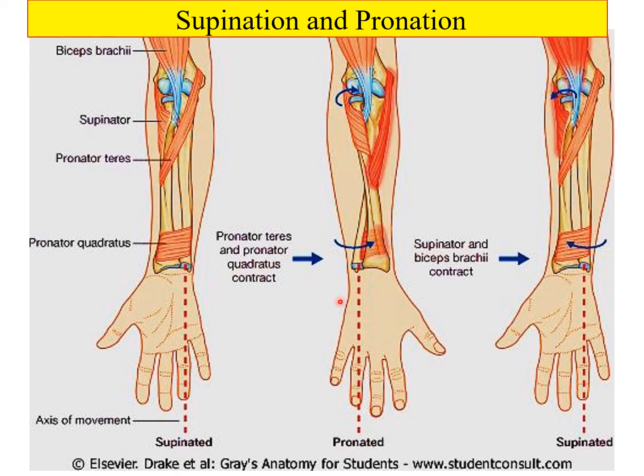If you see, ulna remains in its position, only the lower end of the radius while we are doing pronation rotates anteriorly over the ulna lower end and comes toward the medial side. So in normal anatomical position, radius lower end, distal end, is on the lateral side and ulna on the medial side. But when the movement of pronation takes place, lower end of the radius moves anteriorly from ulna toward the medial side.